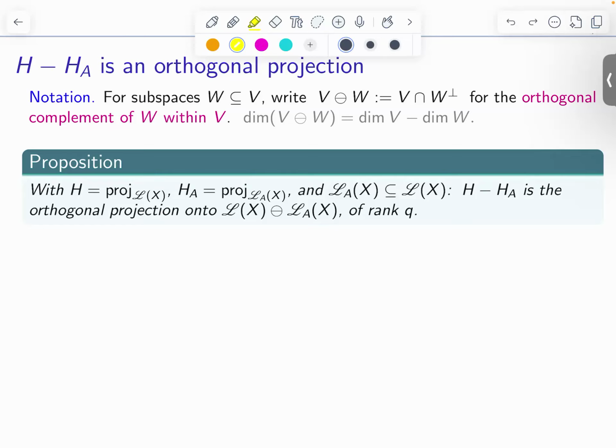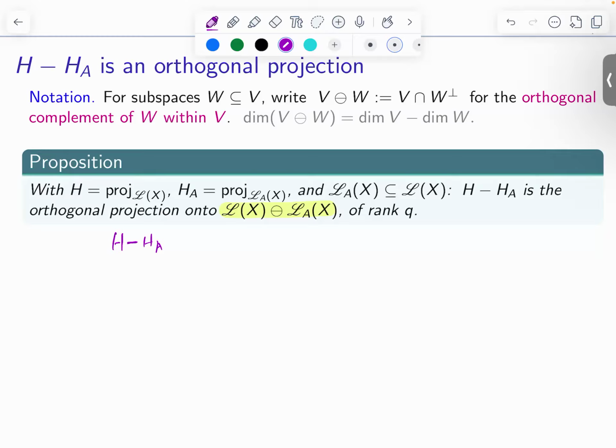The matrix maps something into the kernel of the subspace defined by L of x minus LA. We want to show that H minus HA projects into the kernel of that subspace. Oh, I don't want to say that it projects onto the kernel. I just want to say that it projects onto the subspace itself, not the kernel.